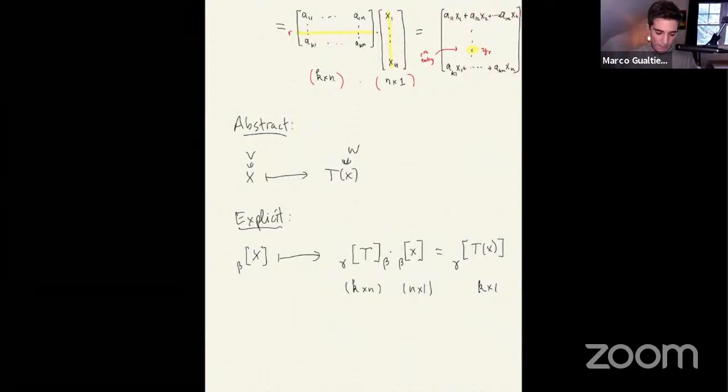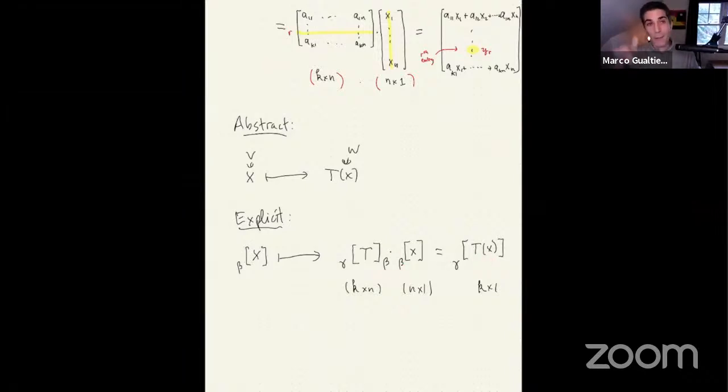And so the fact that there's n of these a's and n of these x's, they combine together and produce just a single number. That's why this n goes away and you just get k by 1. And similarly, in this notation, because there's a beta here and a beta there, that means we no longer need beta here because we're in W now, and beta is irrelevant for W. Beta is in the domain, gamma is in the codomain.